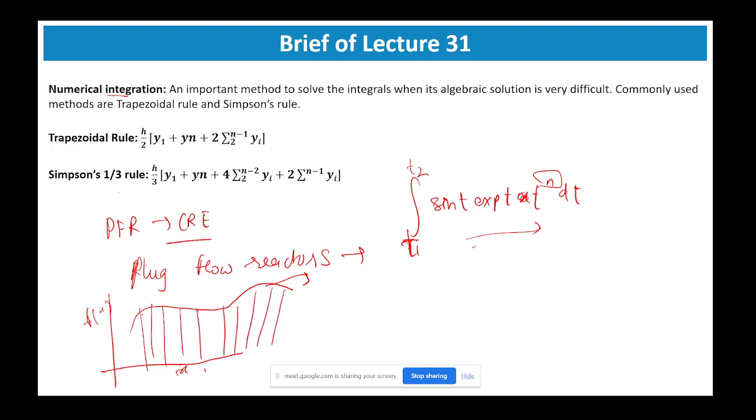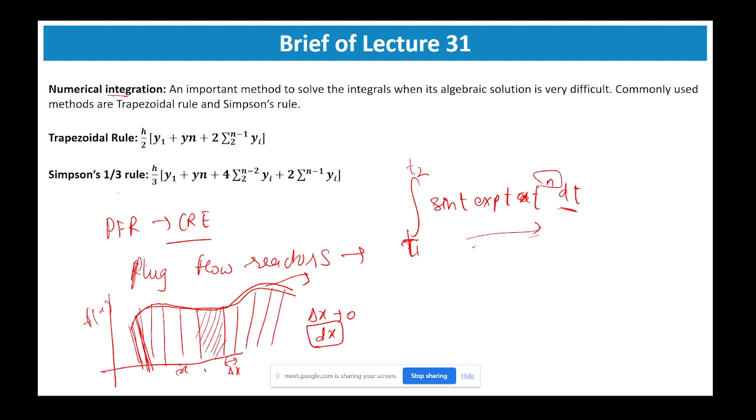So we try to divide this curve into smaller sections, find the area of each small section, and then add up. We divide the entire range into small delta x, and if delta x tends to 0, then it is dx or dt.